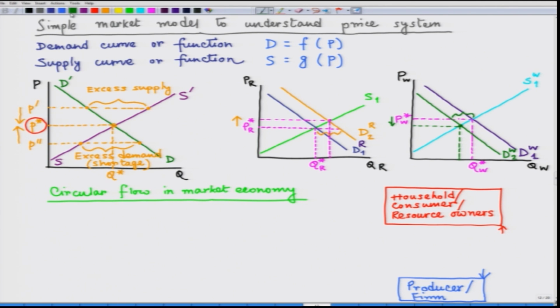The households will supply these resources, labor, capital, etc., to the farm, and this is called supply of factor inputs.